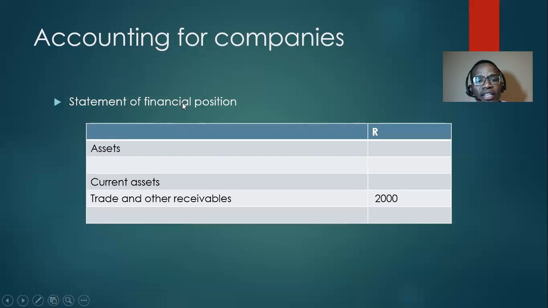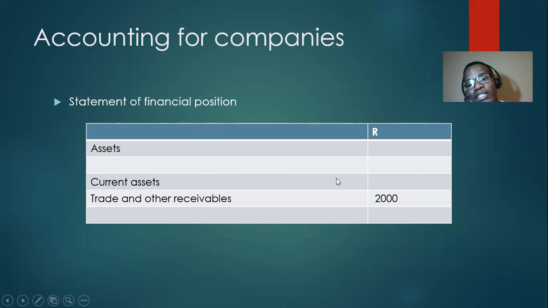Then on the statement of financial position, under assets, classified as current asset. Why current asset? Because it's going to be realized within the next 12 months. We say the insurance that is remaining to be covered is for the next 2 months after the year end, right? Then it's going to be under trade and other receivables for 2,000.